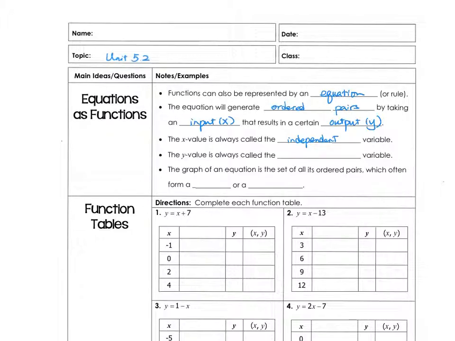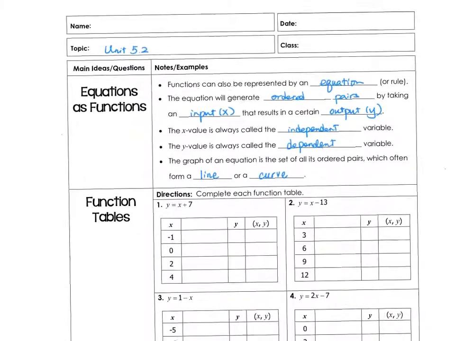But the outcome, the y, will be a dependent variable because the outcome y depends on a certain rule that connects x and y. The graph of an equation is the set of all its ordered pairs, which often form a line or a curve. In this course, we mostly study the line.